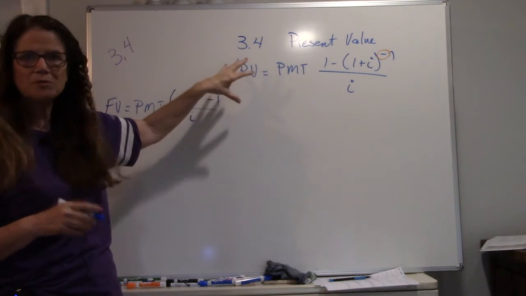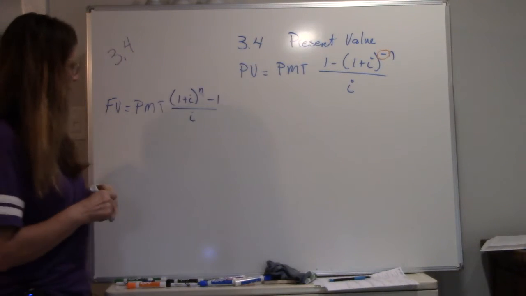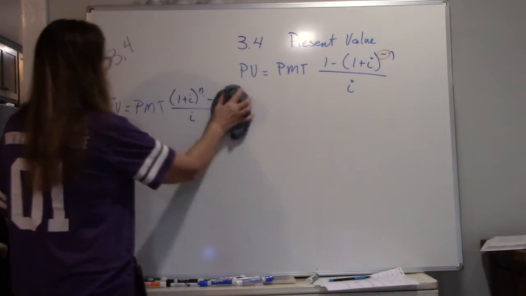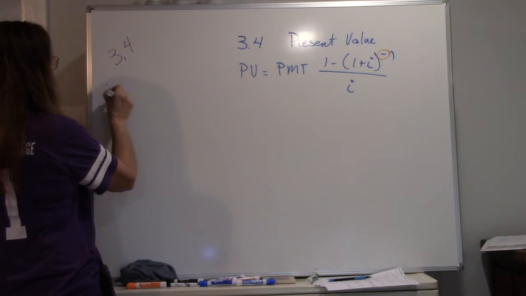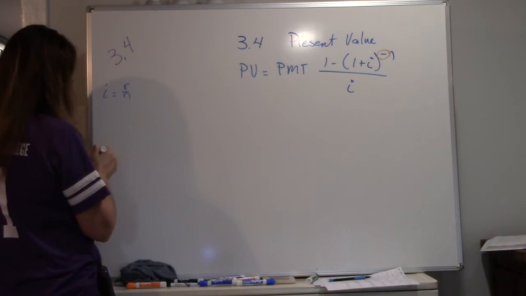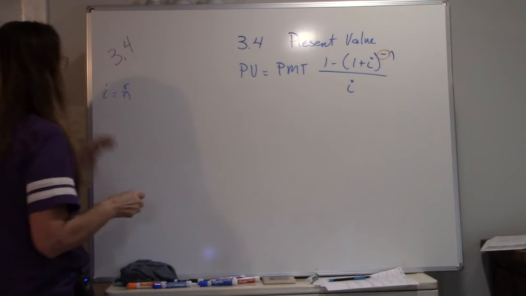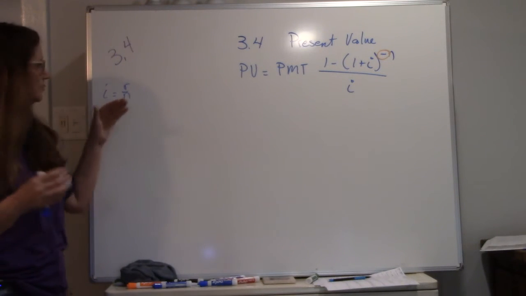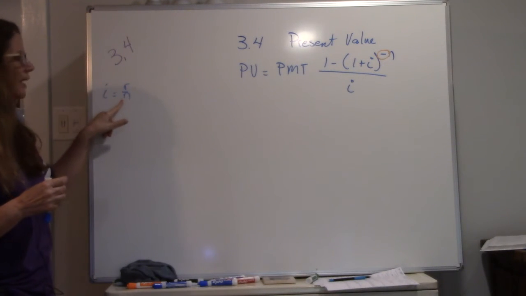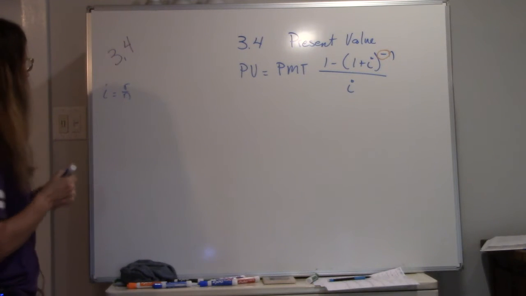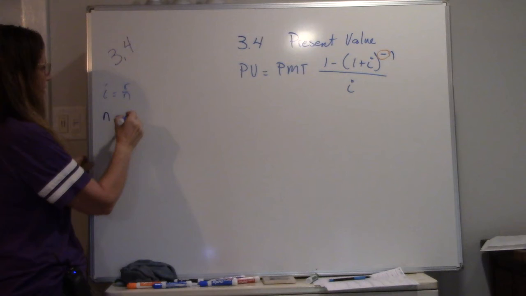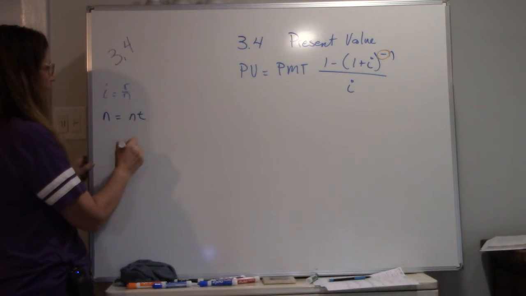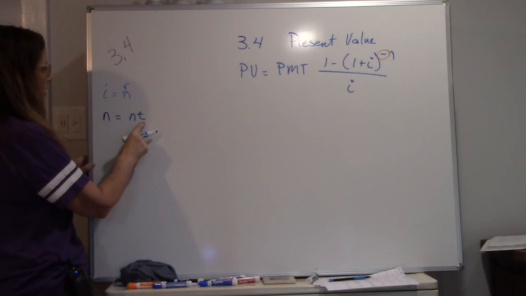The concept is basically the same. Your textbook and MyMathLab use I. I change my I to R over N because sometimes you'll be given the rate and the number of compounds. In the textbook it uses N, I use NT, which is number of compounds times time.